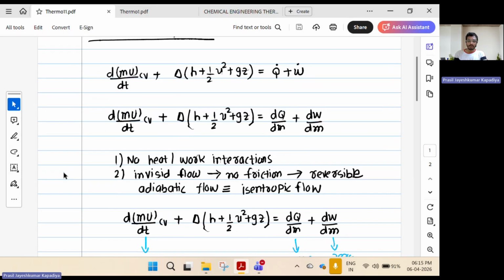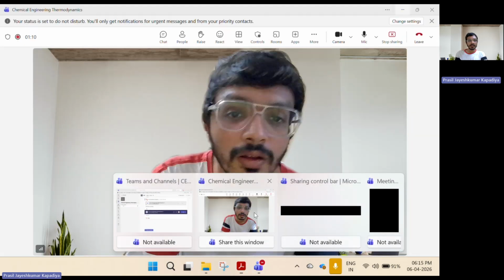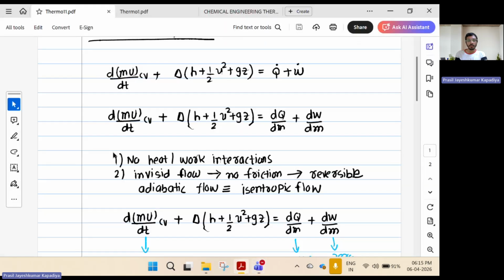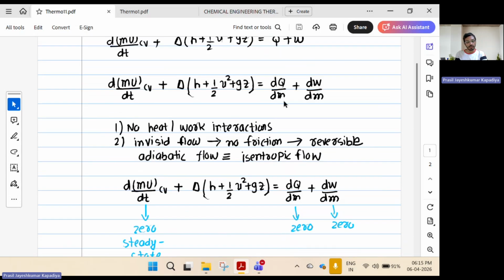In case of Bernoulli's equation, when we want to derive it, it has some assumptions associated with it. The assumptions are that there are no heat or work interactions present in the system, so the dq by dm term goes to 0 and the dw by dm term goes to 0. It is for steady state, so this term is also going to be 0.